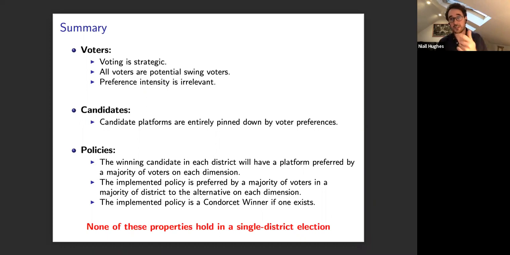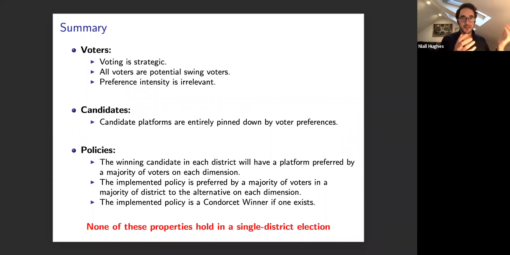But if you only had 2 districts, I don't remember the numbers off the top of my head, but probably 25% of the pivotal events are going to be double pivotal events. So it wouldn't make sense to have that assumption. Whereas I've got numbers somewhere in the paper where, for example, in the UK Parliament, where you have 650 seats, the proportion of seat distributions that could have a double pivotal event is 0.00007 or something like that.